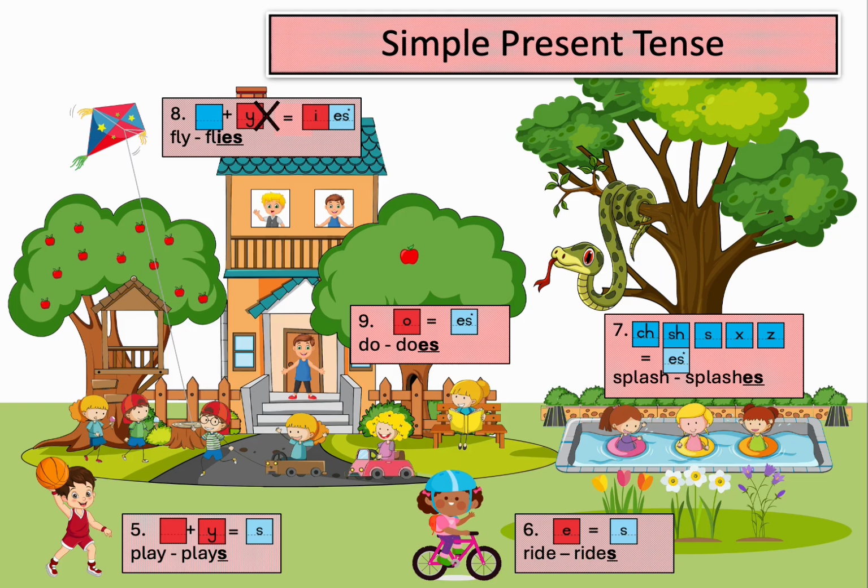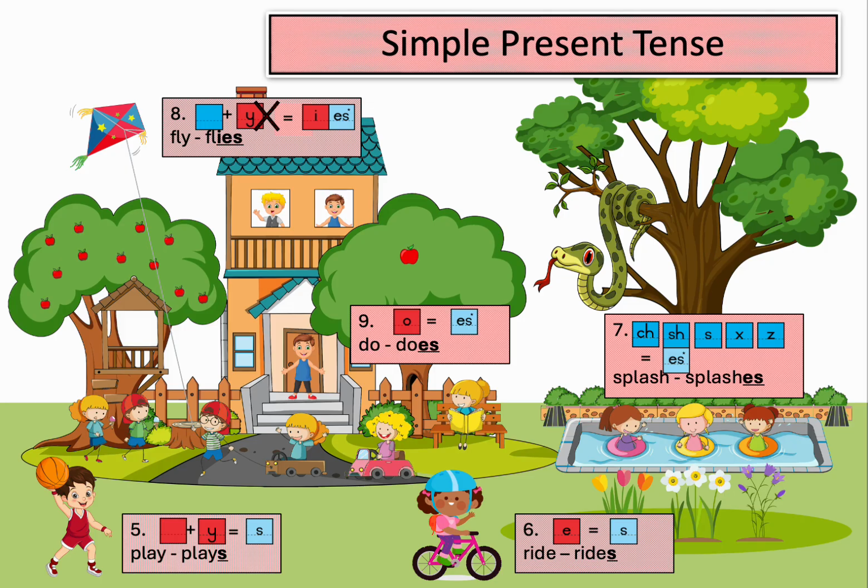If the girl splashes in the pool, if the verb ends on ch, sh, s, ks, z, you add the es suffix. If the boy flies the kite, it is a consonant plus a Y, so you take out the Y and replace it with IES.